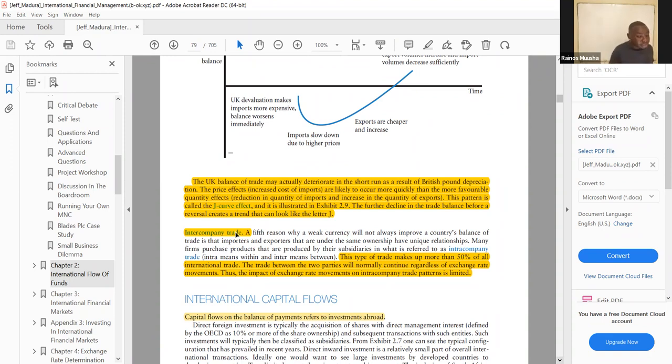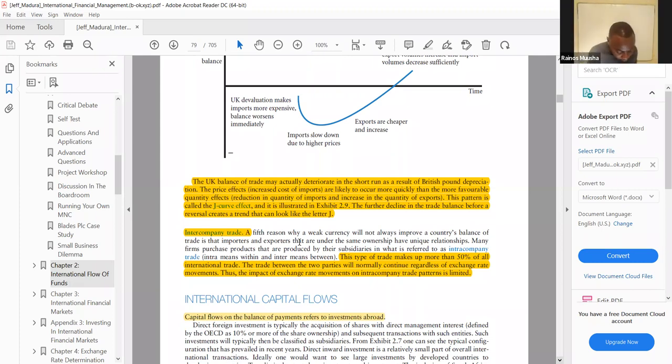Because of this, whatever happens with the exchange rate is not going to end up affecting the trade between these two entities.